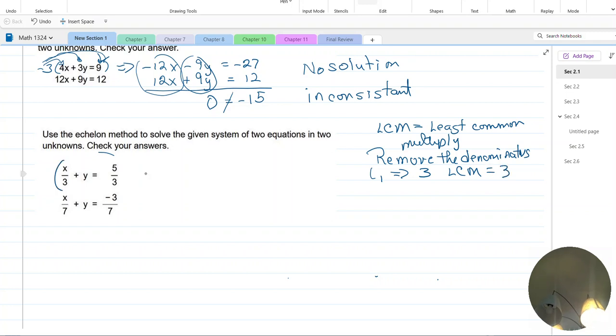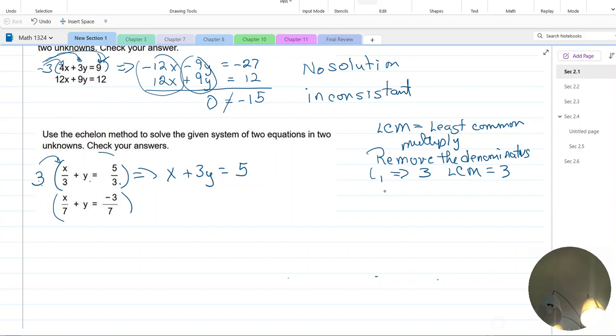I'm going to multiply everything by 3. Well, the 3 cancels the 3, so I'm going to end up with x. 3 times y is a positive 3y. 3 cancels the denominator 3, and I end up with equals 5.